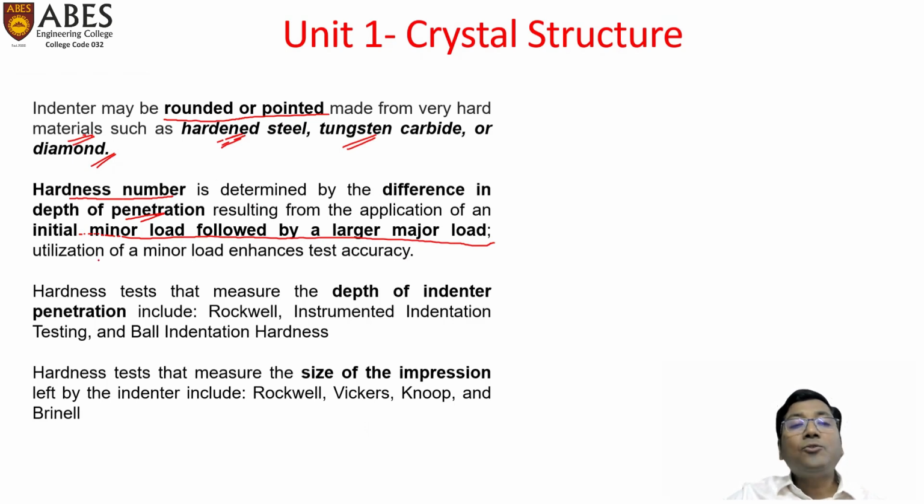The utilization of a minor load enhances the test accuracy. The result is compared with the minor load: when the minor load was applied, what was the depth of penetration, and then when the larger major load was applied, what was the penetration. The penetration under the larger load minus that under the initial load gives the true value, so the test accuracy gets enhanced.